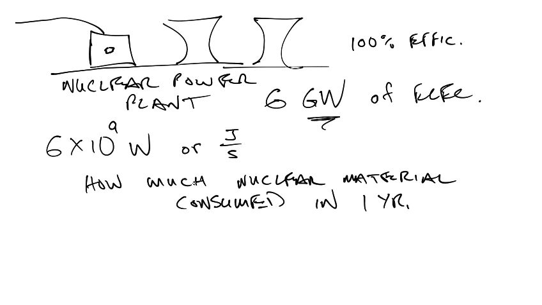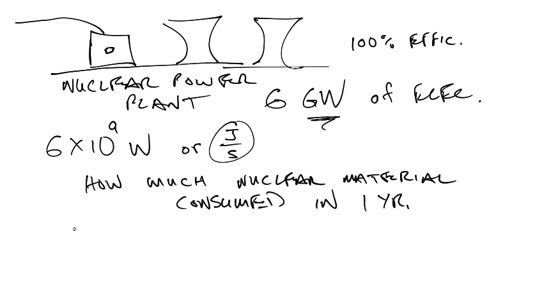The way we're going to figure that out is, first of all, since we know how much energy is consumed per second, 6 billion, all we need to figure out now is how many seconds in a year.